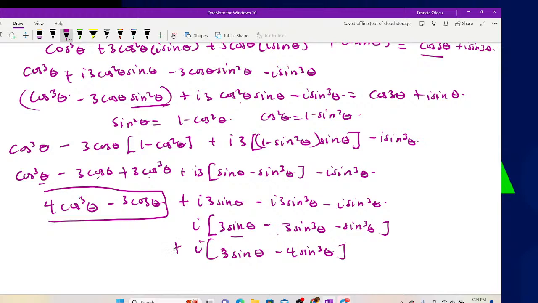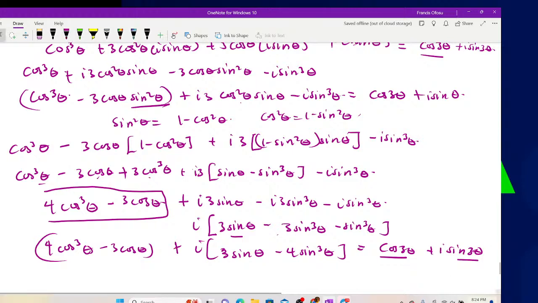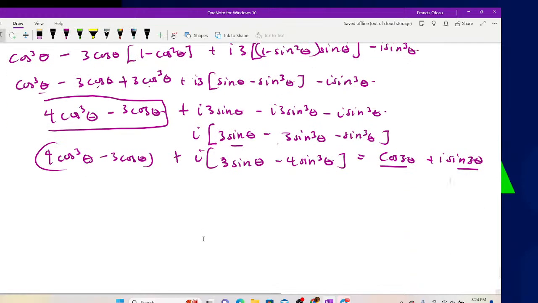Then we can clearly see that we have decomposed them into only cosine and sine, right? So see, this is equal to cos 3θ plus i sin 3θ. The problem was to express cos 3θ and sin 3θ in powers of cosine and sine. We can clearly see that my real part is equal to my real part from equality of complex numbers.